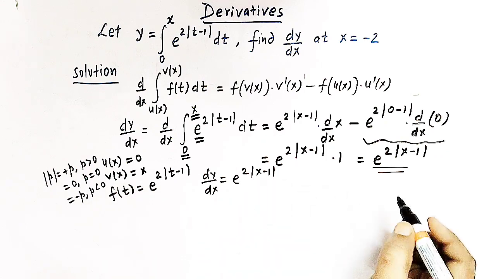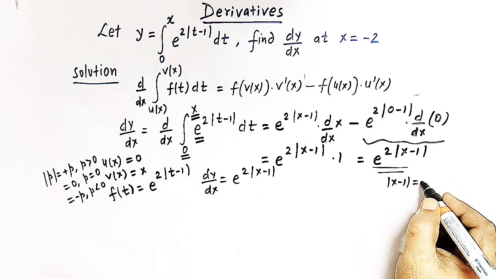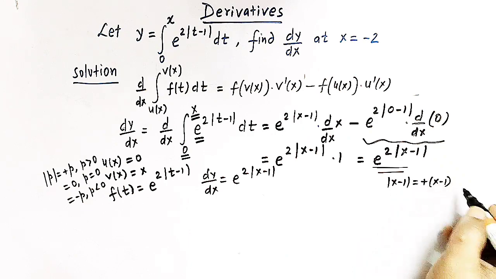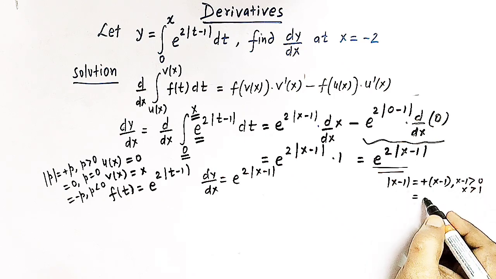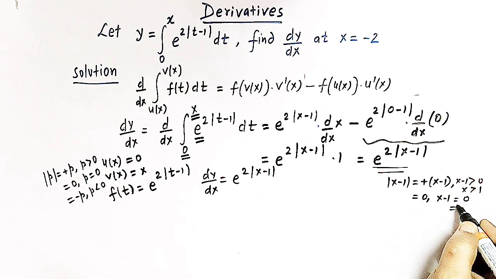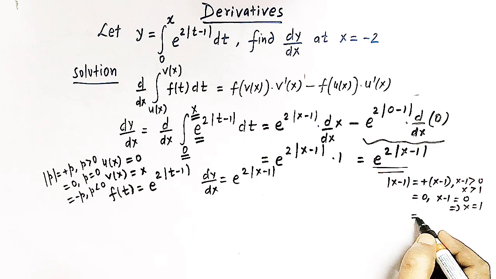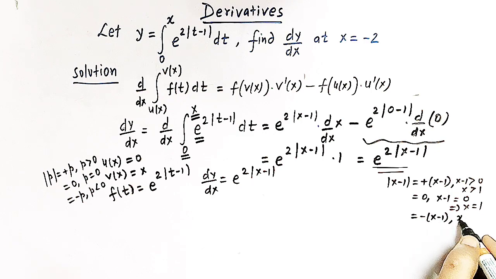So here we have mod of x minus 1, and mod of x minus 1 is positive x minus 1 whenever x minus 1 is greater than 0 or x is greater than 1, and mod of x minus 1 is 0 when x minus 1 is equal to 0. This implies x is equal to 1, and here mod of x minus 1 is equal to negative x minus 1 when x minus 1 is less than 0, that is x is less than 1.